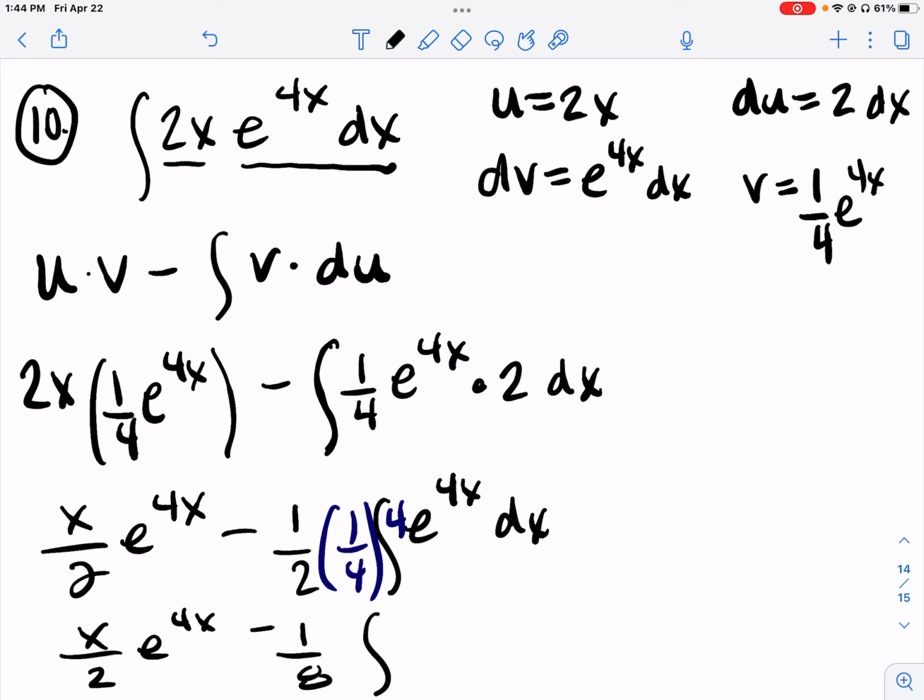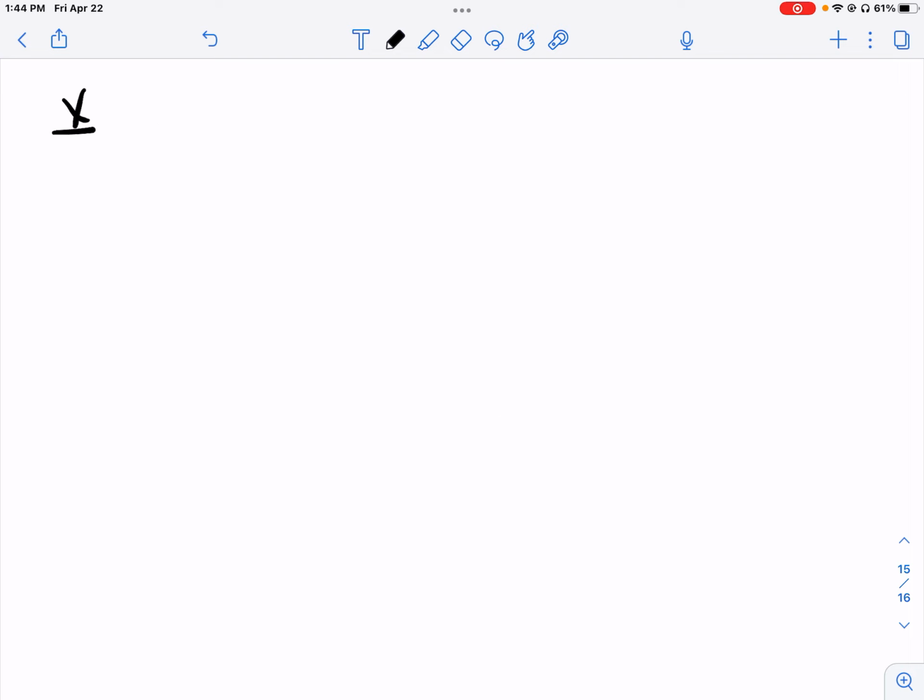The 4 dx is du, so that's the integral of e to the u. So I've got x over 2 e to the 4x. The integral of e to the u is e to the u.